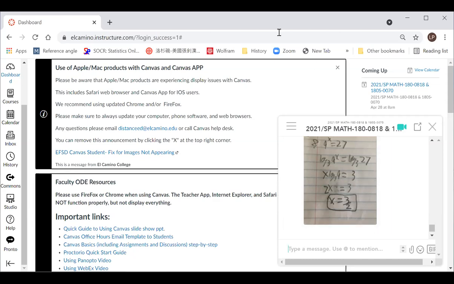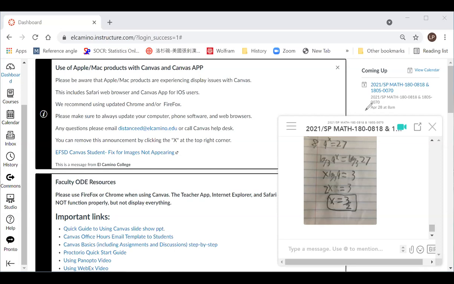All right, so I'm going to grade it. 9 to the power x. What he did, he took logarithm on base 3 on both sides. That's perfect. And then the power rule, so x is down. So 2 times x equals 3, so 2x equals 3, x equals 3 halves. Perfect. That's number 8.